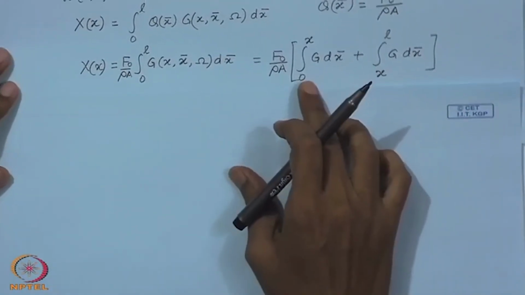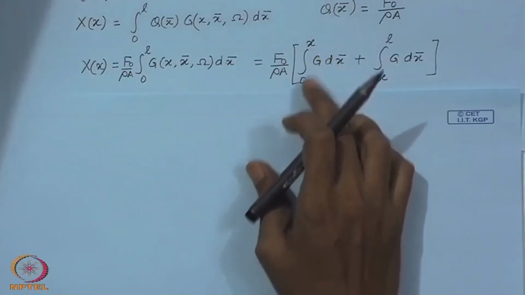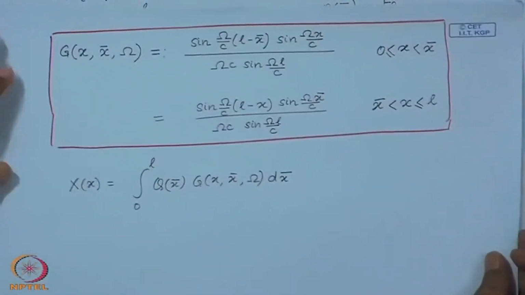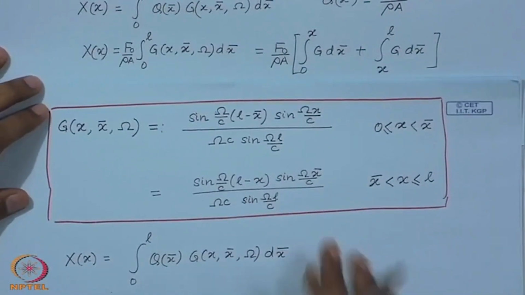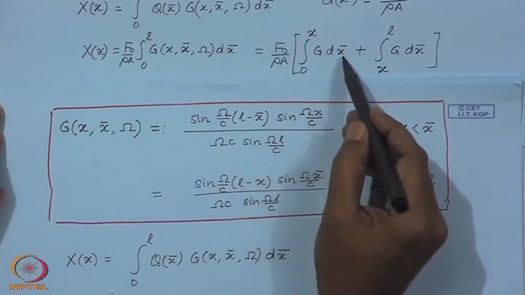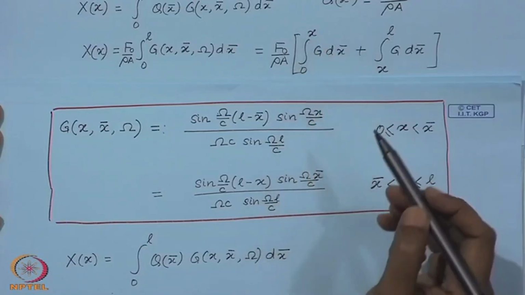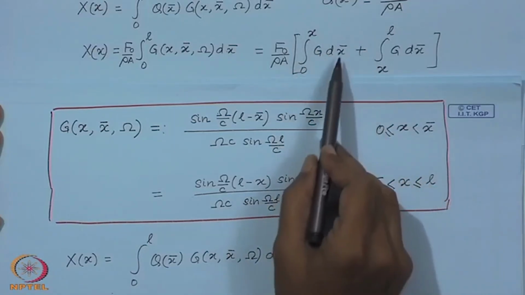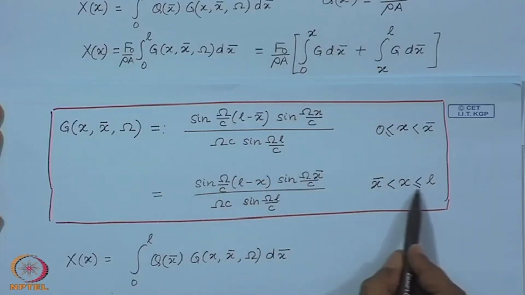Now, from 0 to x, so x bar lying between 0 and x, let us once again look at the Green's function. X bar lying between 0 and x means x bar is less than x.